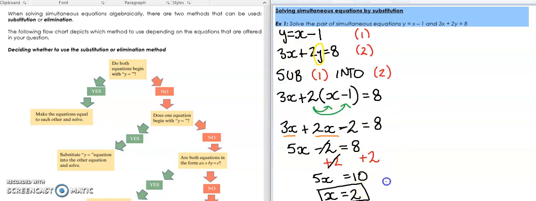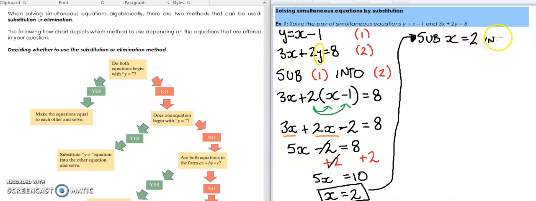So I'm going to just draw a little arrow like that, just to indicate that I'm writing the next part here. And in order to do this, I'm going to substitute x equals 2 into equation 1. And you'll see why I'm going to do this.